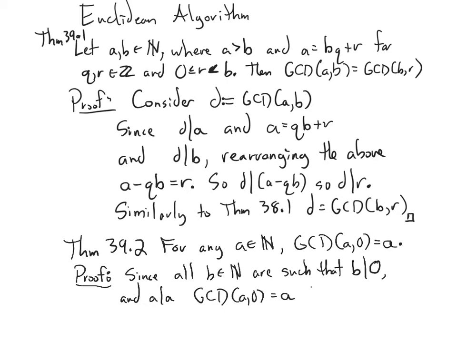Everything's a factor of 0. And since a is the largest, it's going to be the greatest common divisor.